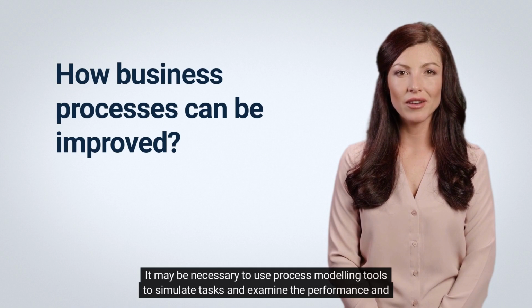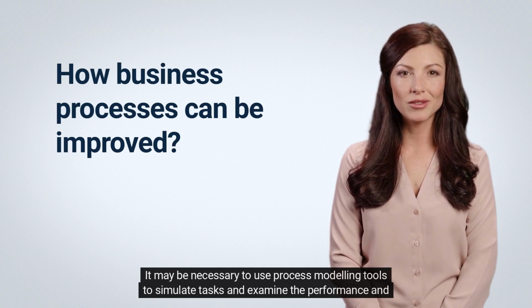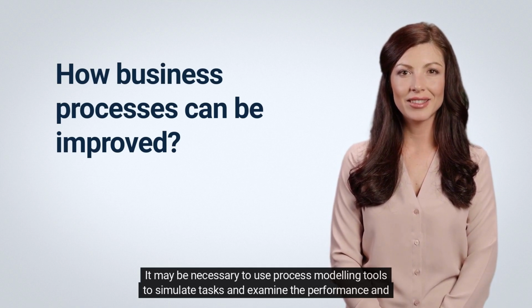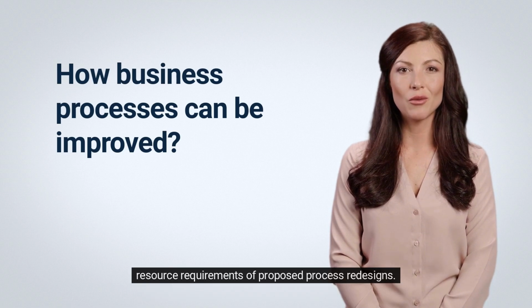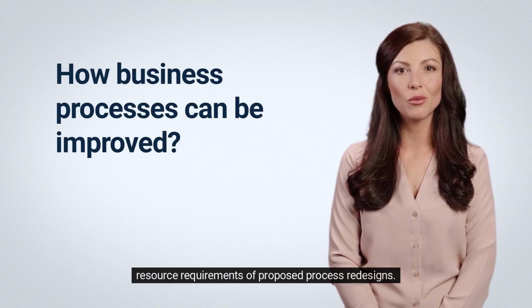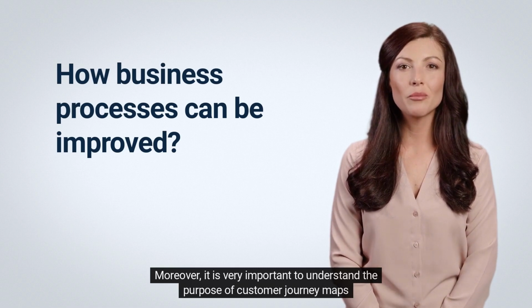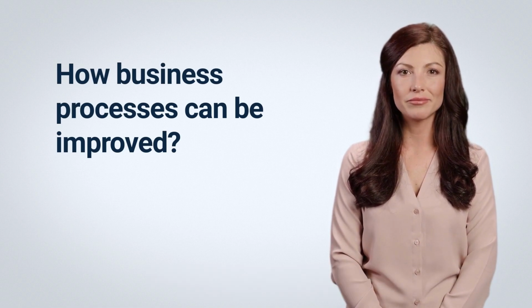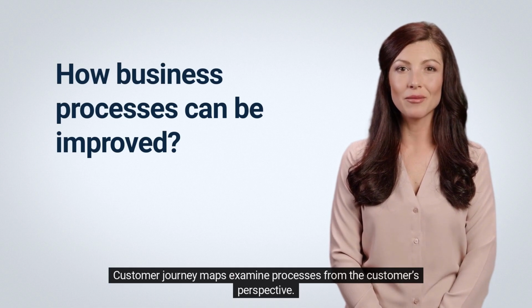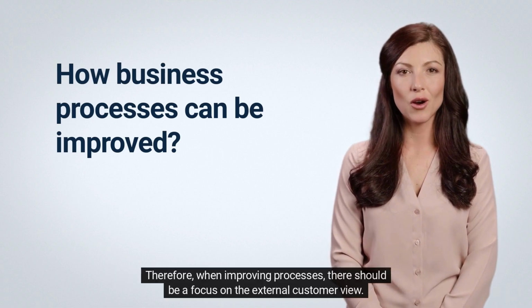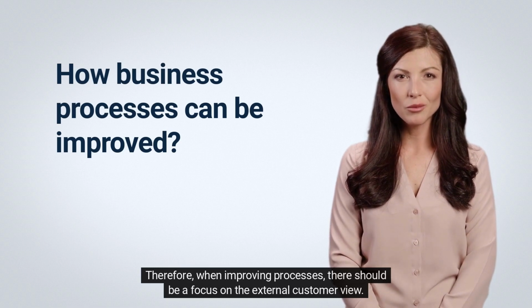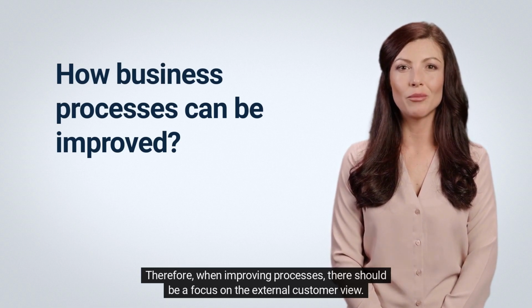It may be necessary to use process modeling tools to simulate tasks and examine the performance and resource requirements of proposed process redesigns. Moreover, it is very important to understand the purpose of customer journey maps. Customer journey maps examine processes from the customer's perspective. Therefore, when improving processes, there should be a focus on the external customer view.